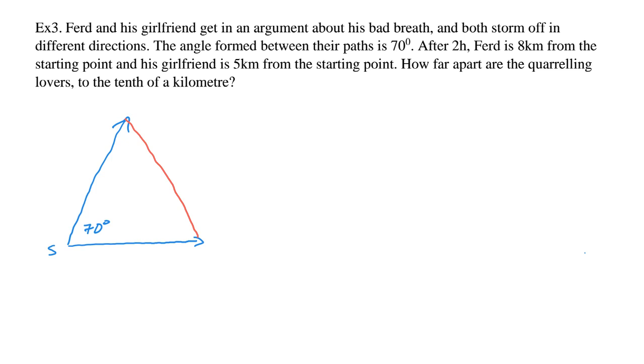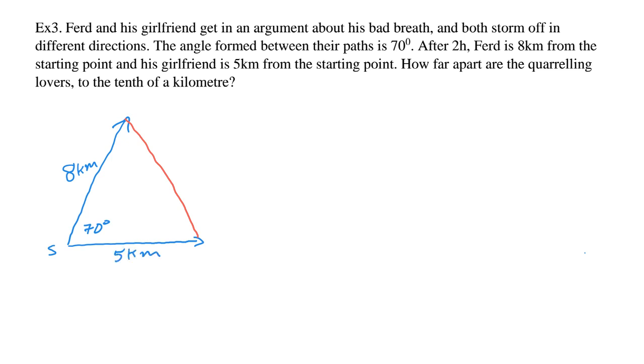So let's figure it out. After 2 hours, Ferd is 8 kilometers from the starting point. The starting point is S, so 8 goes here. All right, now his girlfriend is 5 kilometers from the starting point.